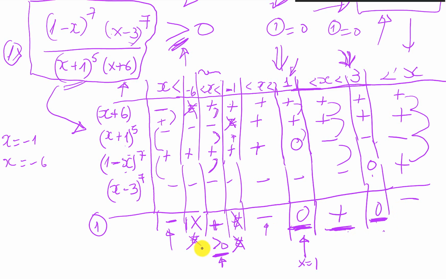All these lines show me solutions, but they are asking about the x. Then you have to take a look here. Those are the x in the open interval -6, -1. Those are the x.